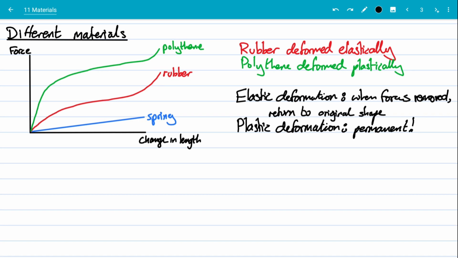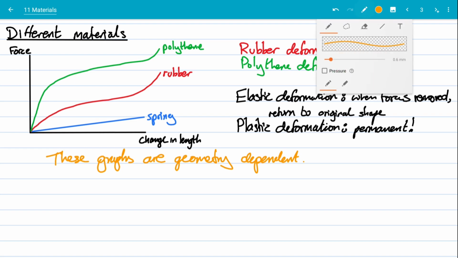And then for the same force, I get less change in length. So this diagram is for a particular piece of rubber of a particular geometry, or a particular geometry of spring, or a particular geometry of polythene. In other words, these graphs are geometry dependent. And that's not really ideal.